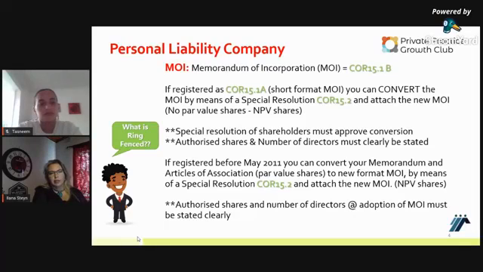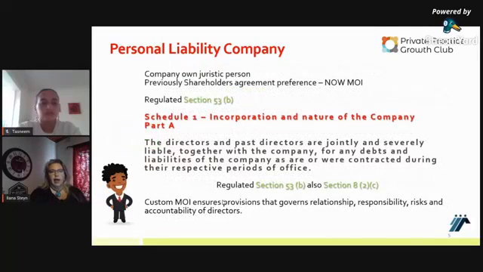So we'll touch a little bit on the shares today. And just once again indicating the authorized shares in the company and also the number of directors that needs to be clearly stated.